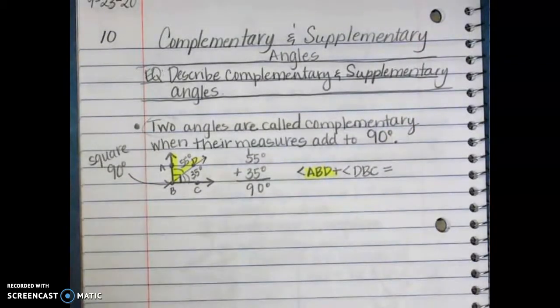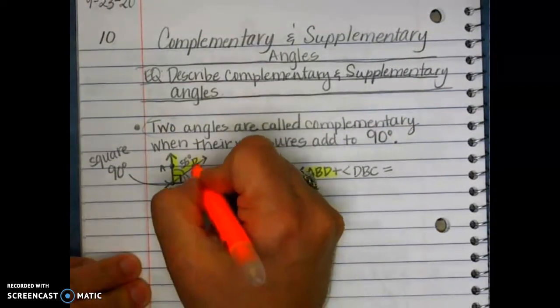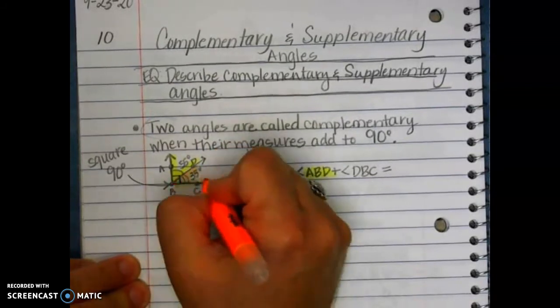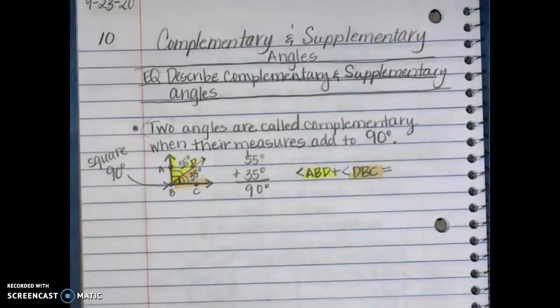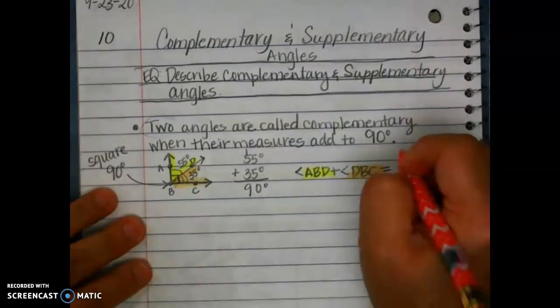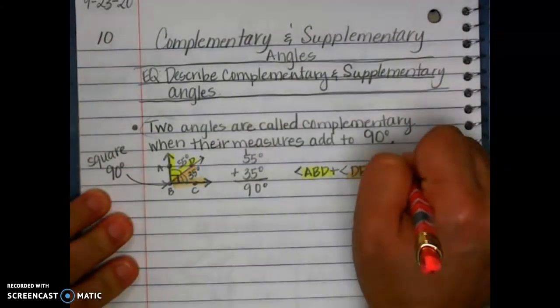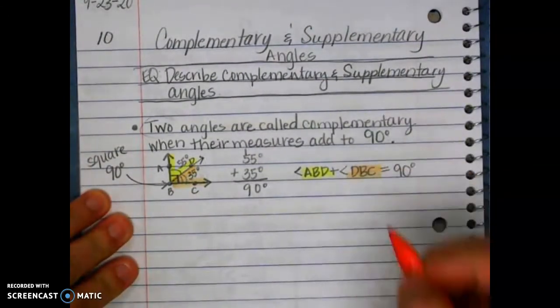Okay, and I'm going to use an orange highlighter so that you can see this. Here's the D, the B, and the C. Okay, when those two angles are added together, they are 90 degrees, which again means complementary.